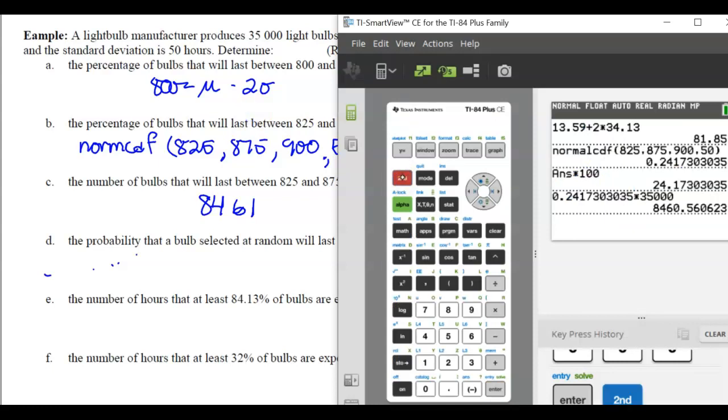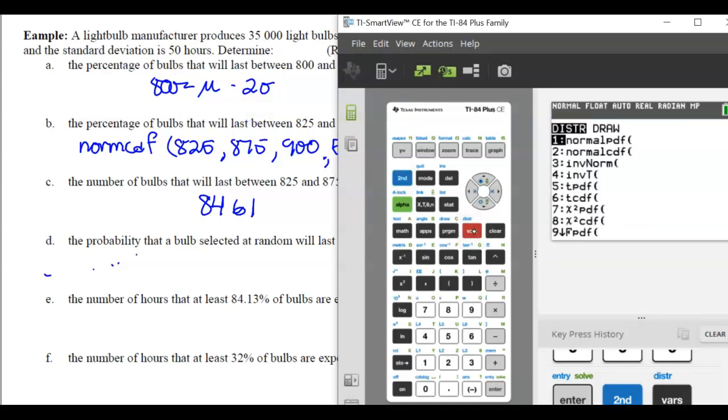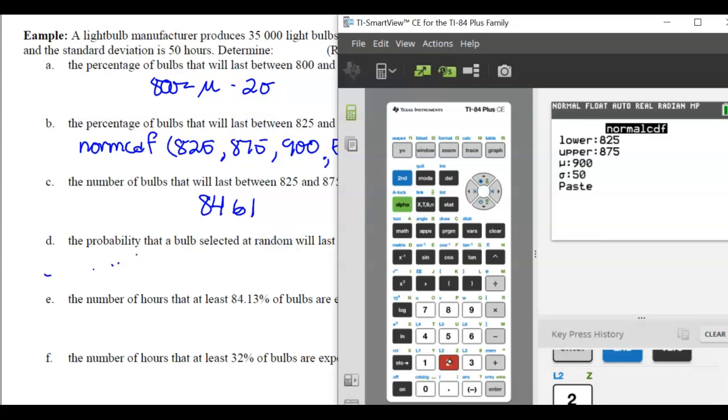So second, distribution, number 2, normal CDF. Now we're going from the smallest negative value, -1 e to the 99, to, what did we just say? It was 920. The mean and the standard deviation are still in there from the last question.